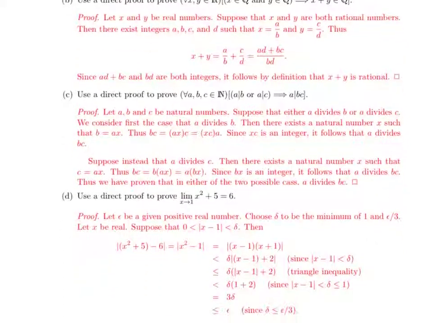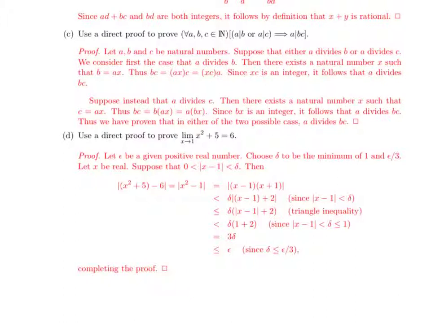Finally, let's look at my proof of part D, the limit statement. I've got the formal definition of this statement written on the previous page, but you'll recall what it was. So the first part of the proof has to be let epsilon be a given positive real number.